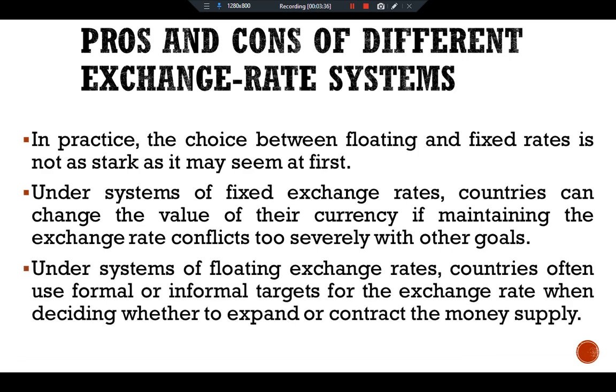Under systems of floating exchange rates, countries often use formal and informal targets for the exchange rate when deciding whether to expand or contract the money supply. So in the real world, we cannot observe exchange rates that are completely fixed or completely floating. Instead, under both systems, stability of the exchange rate is usually one among many objectives of the central bank.